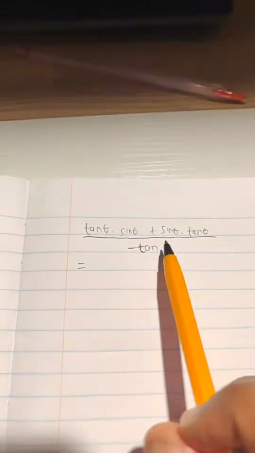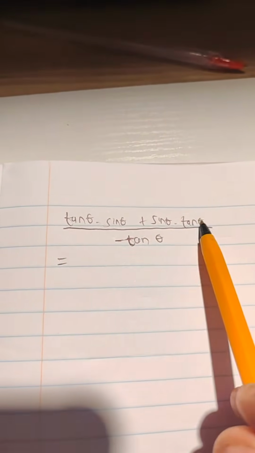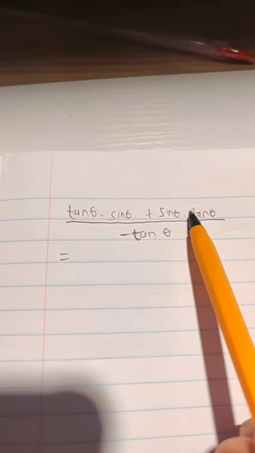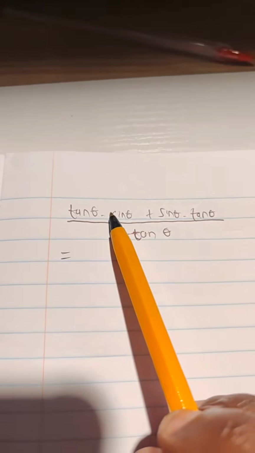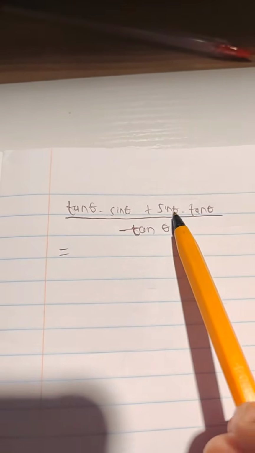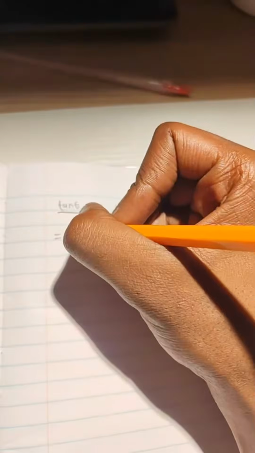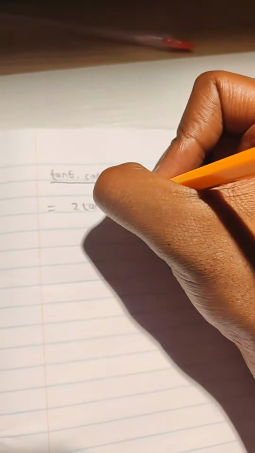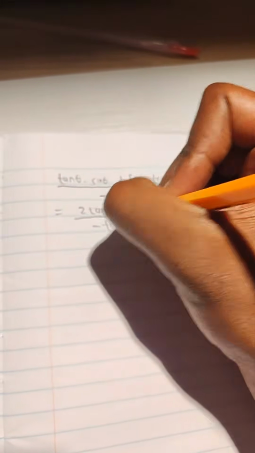So if you think about it, these here at the top are like terms. Tan theta sine theta plus sine theta tan theta. These are like terms. So it's like me saying tan theta sine theta plus tan theta sine theta. You have how many tan theta sine thetas? You have 2 tan theta sine theta, which is all over negative tan theta.